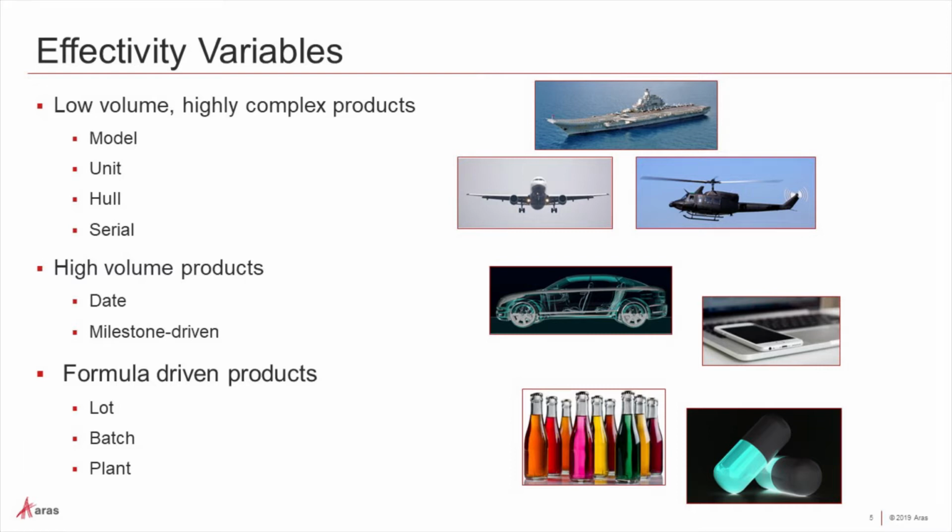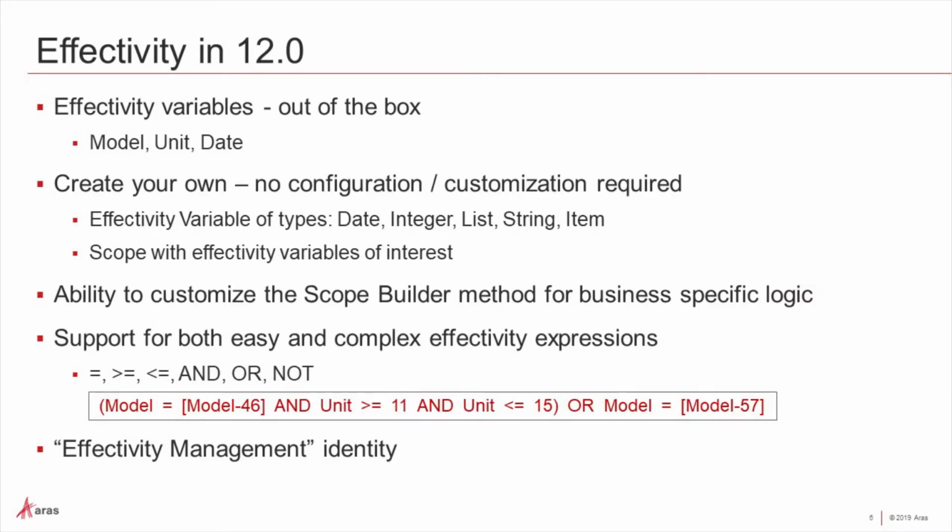In high volume products, effectivity is typically date or milestone driven. In formula driven products such as in food and beverage or pharmaceutical industries, lot, batch, or plant are commonly used effectivity variables.